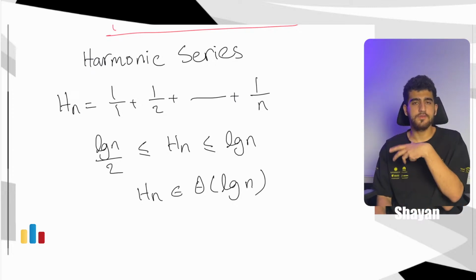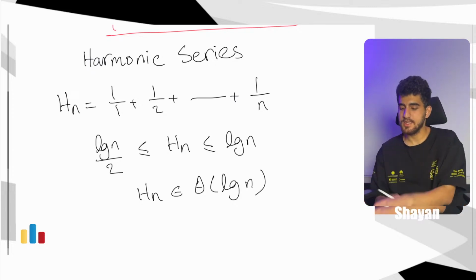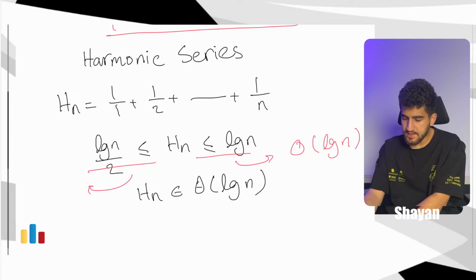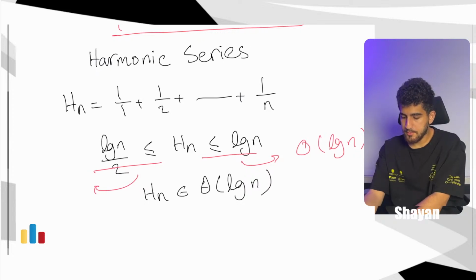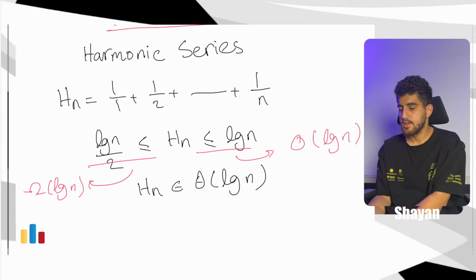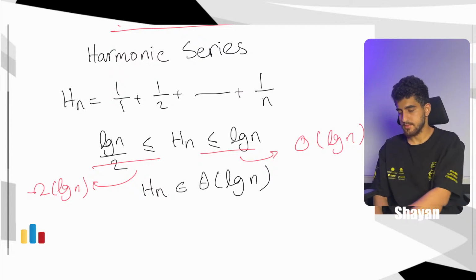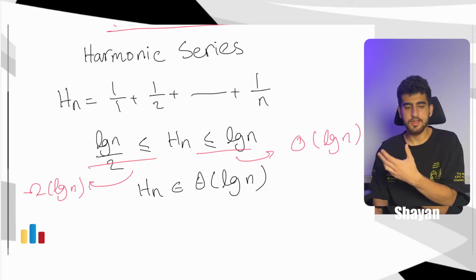Or in other words, also from omega of log n. This part is saying that H of n is from O of log n. This part is saying that H of n is from omega of log n. So this is how we can show that it is really from theta of log n.